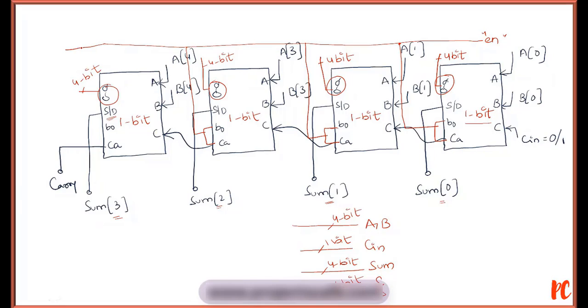This is the control signal, right? This is going to decide whether you need to perform an addition operation or a subtraction operation. If enable equals 0, it performs the addition operation. If enable equals 1, it performs the subtraction operation. Let's see its performance by running it on the Xilinx platform.